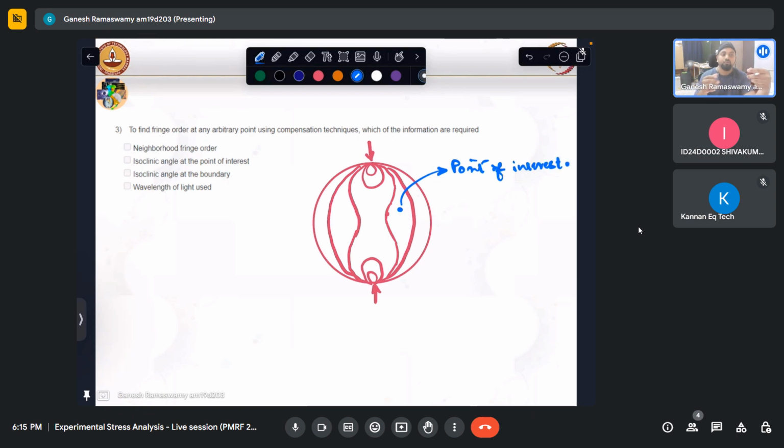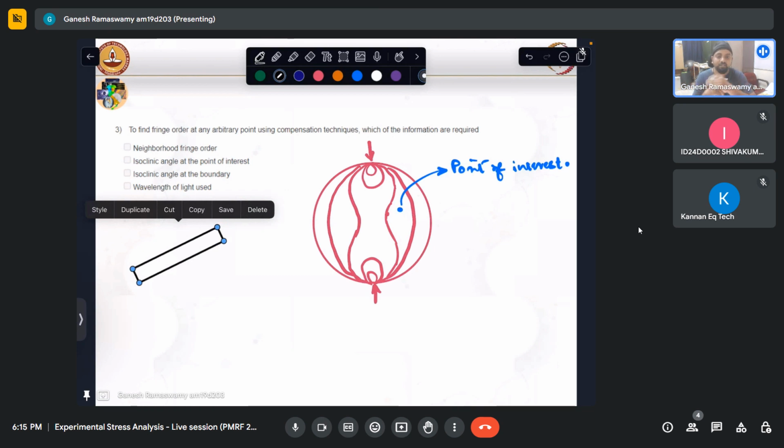Either by using the Babinet-Soleil, a component which we will place here and then rotate the dial, or by simply rotating the analyzer, what we are trying to observe is that a nearby fringe passes through that point. We know how much we have done to make it pass through that point, but we should also know which fringe has passed through that point.